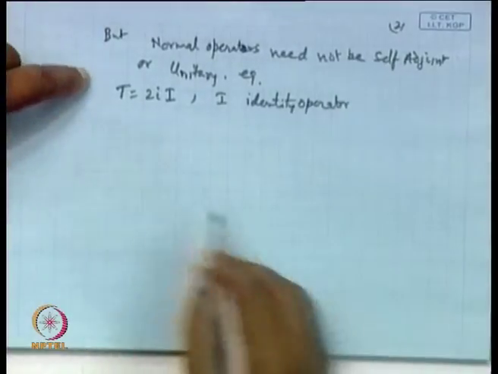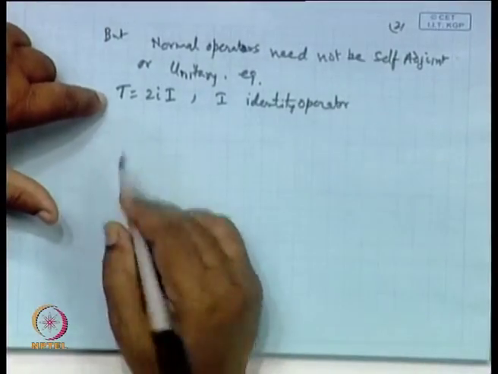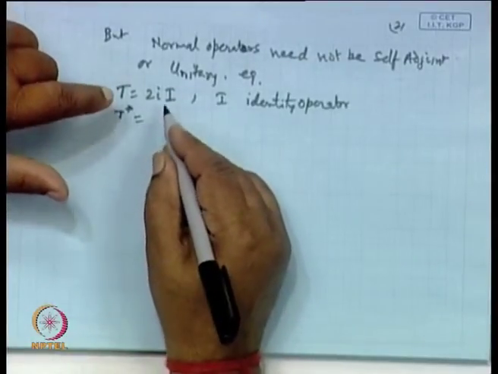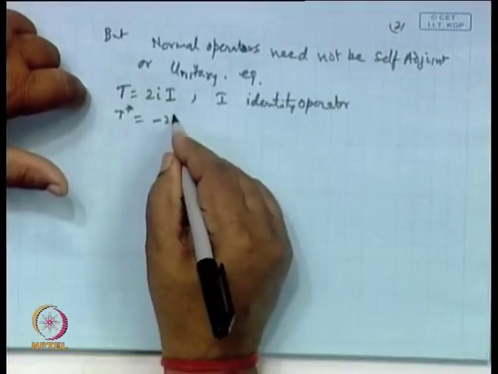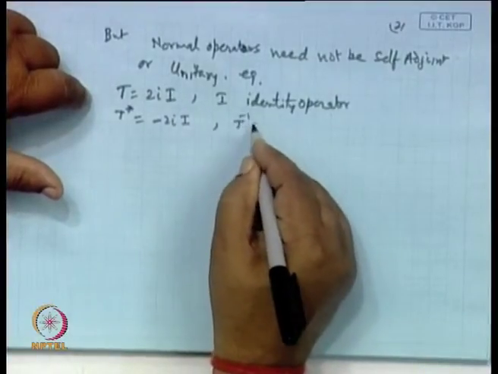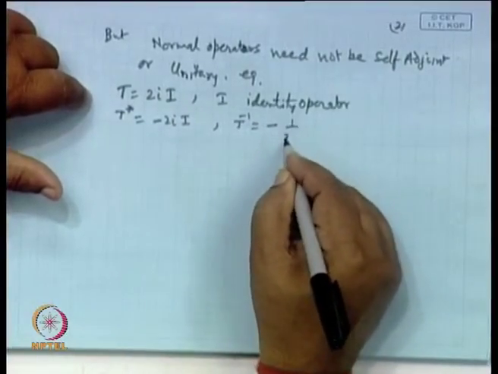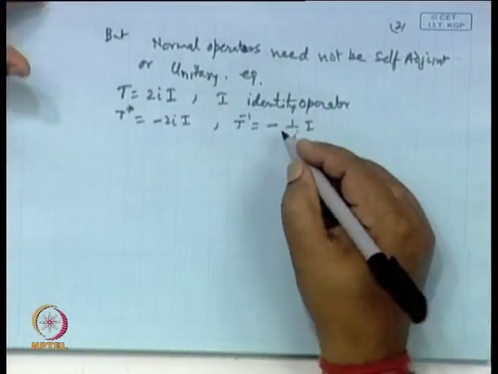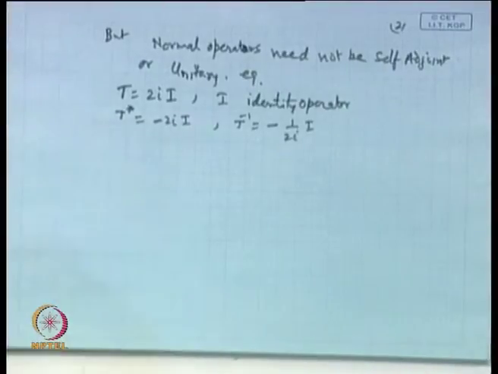When we find the Hilbert adjoint operator, T star means minus 2iI, and the corresponding inverse will be minus 1 upon 2i times I, since the product of this should be 1.